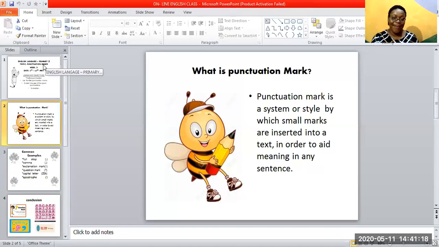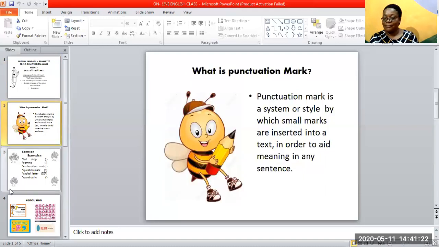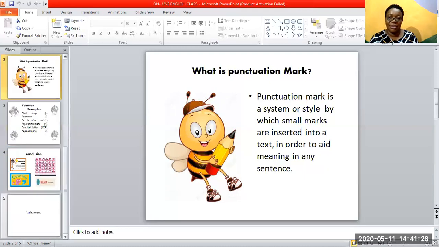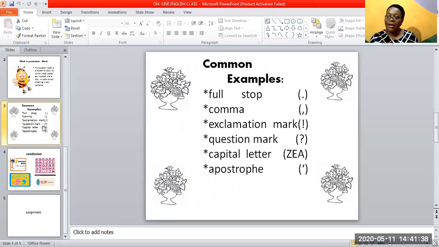Are we clear? Beautiful. I have asked a question. Mention 5 punctuation marks. Beautiful. We have said full stop, question mark, capital letters, comma, apostrophe, inverted comma, exclamation mark, and hyphen.